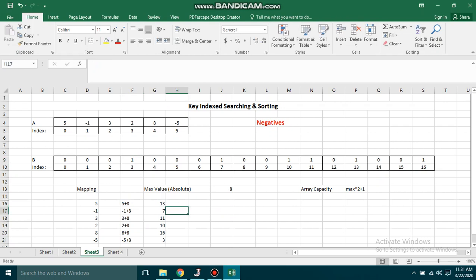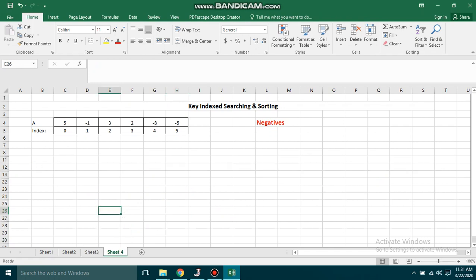So when we search for a value, we also look into the mapped value, and we have to deduct the maximum value to retrieve the actual value. So this can be one of the techniques to apply key indexing to negative values.